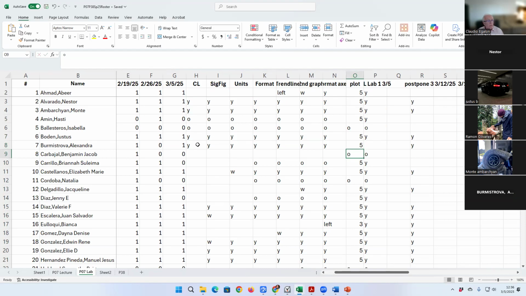Next is Benjamin. I don't see Benjamin here. Brianna, I don't see Brianna here. Elizabeth Castellano, I caught up with everything. Next, Natalia is not here. Next is Jacqueline, I don't see Jacqueline here.